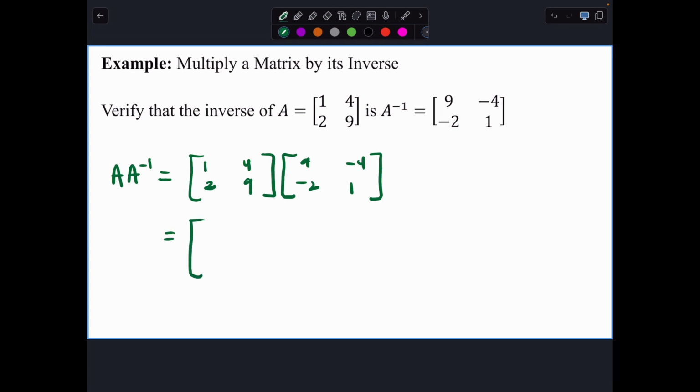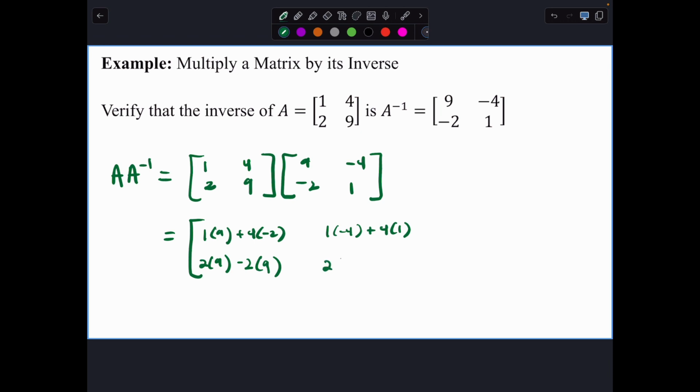All right, so doing the matrix multiplication, 1 times 9 plus 4 times negative 2, 1 times negative 4 plus 4 times 1, 2 times 9 minus 2 times 9, right?